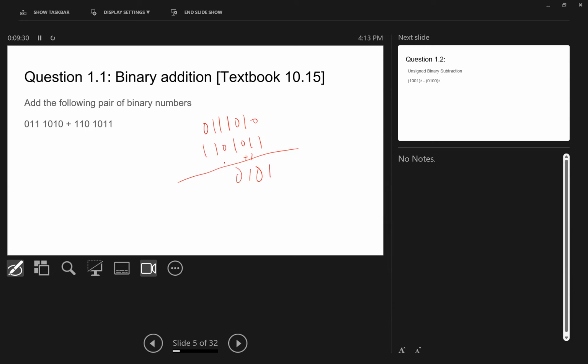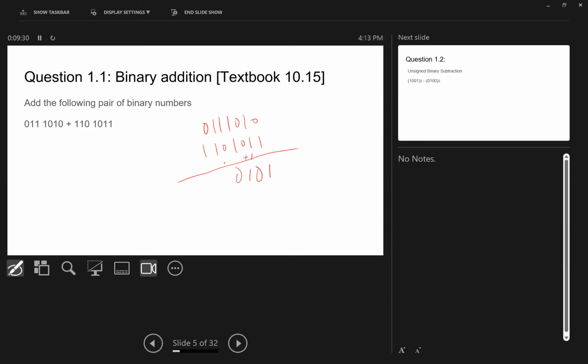So first, 0 plus 1 is equal to 1, right? And there's no carry out signal. And then we do 1 plus 1, which is equal to 2, namely 1, 0, which means that we have a carry out signal. So we use this denotation to represent that we have a carry out signal for bit 2, right?